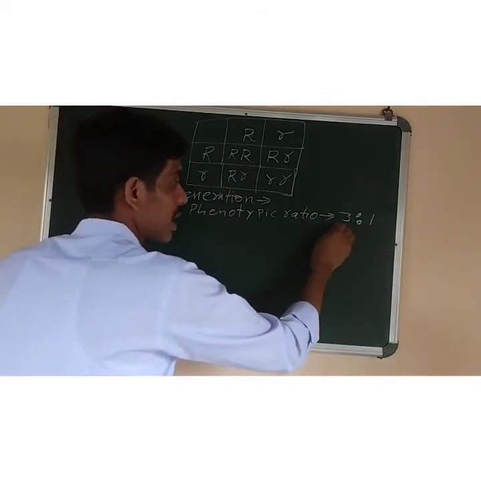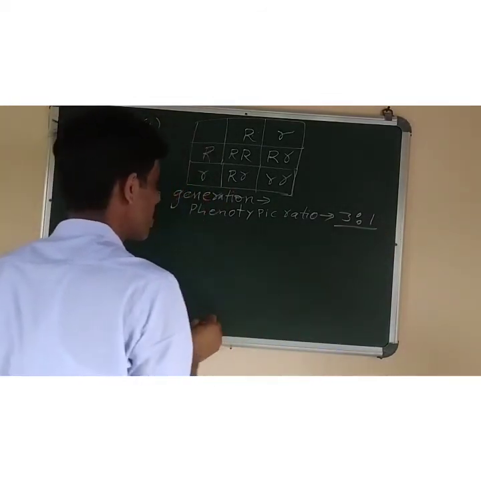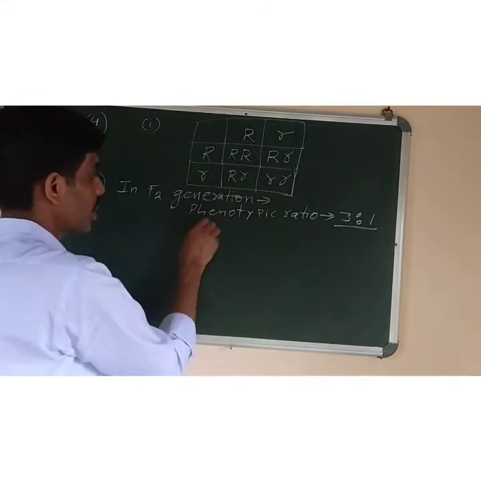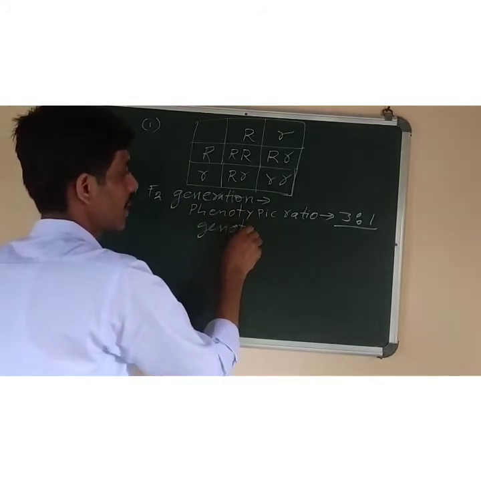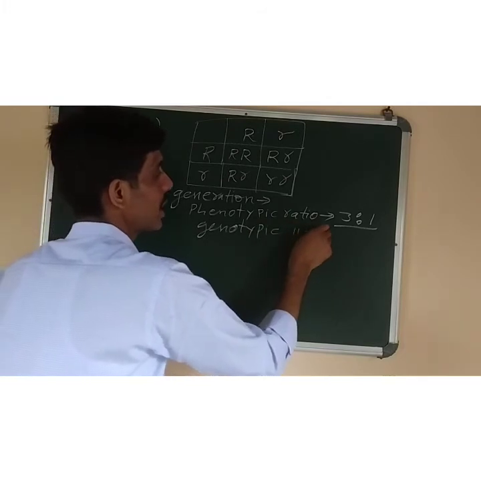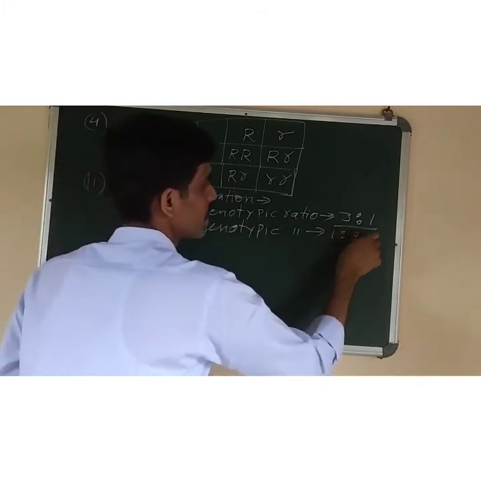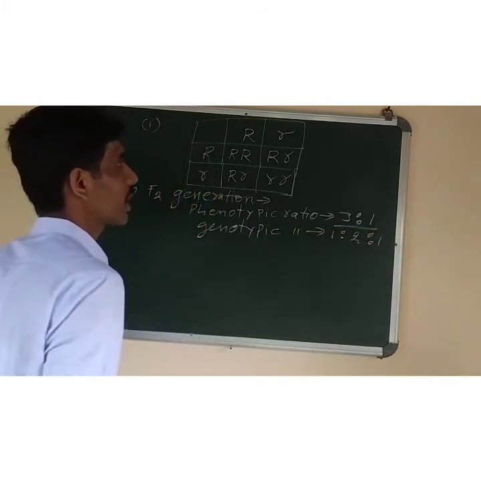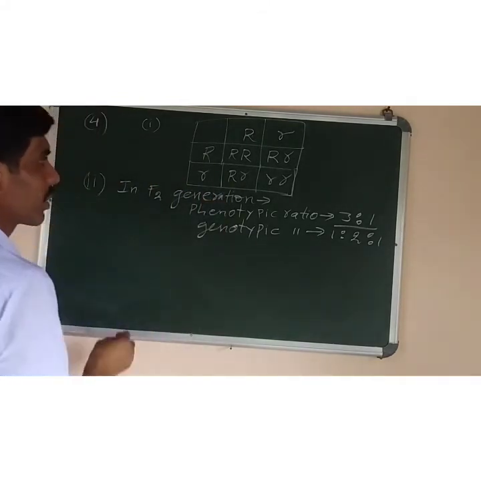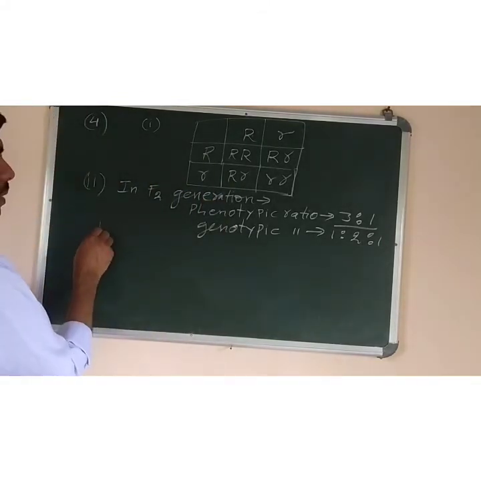So its phenotypic ratio is 3:1, and the genotypic ratio, we have already done this one. Genotypic ratio is 1:2:1.